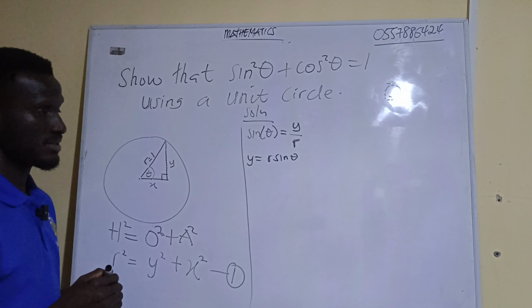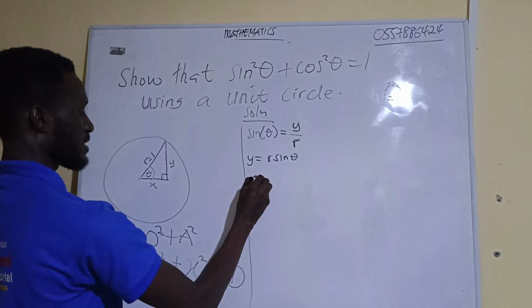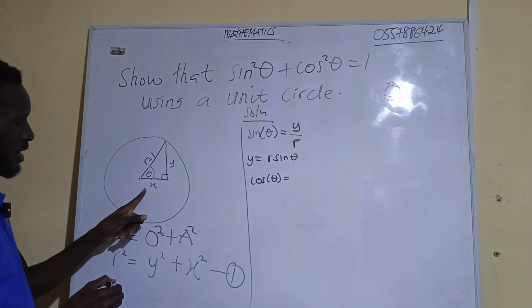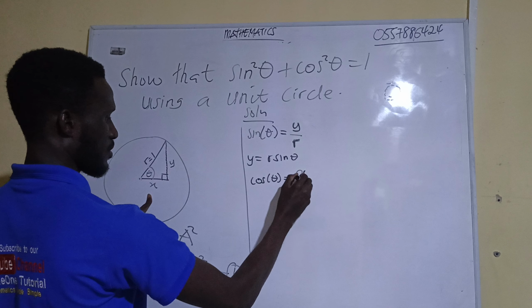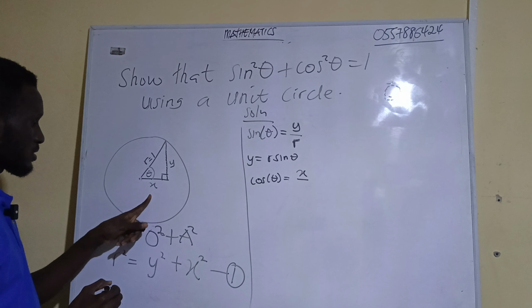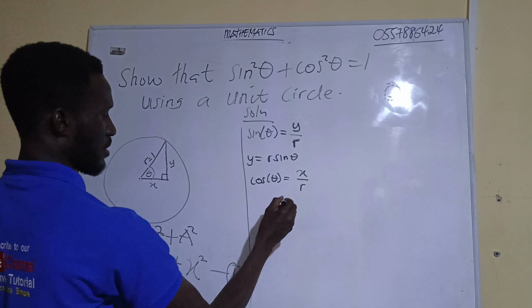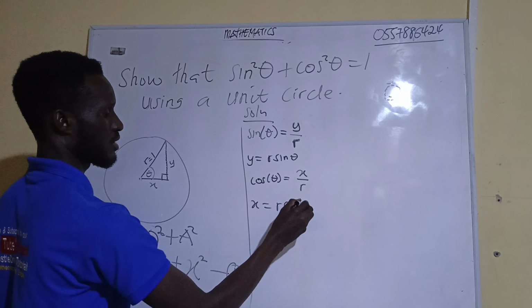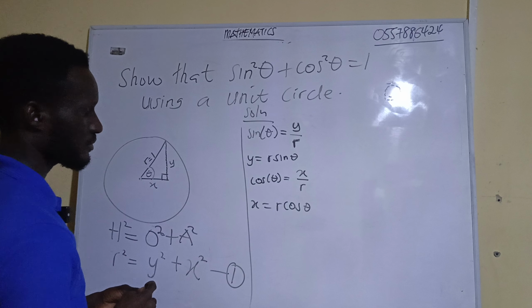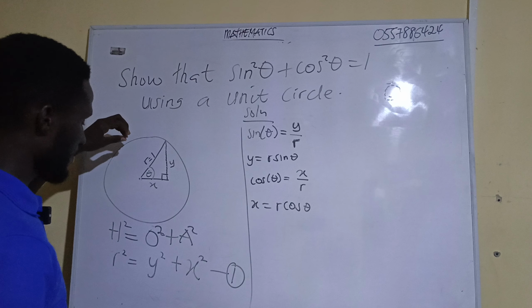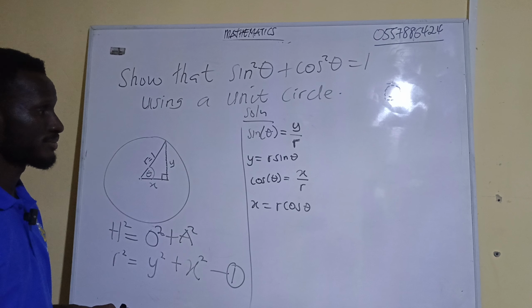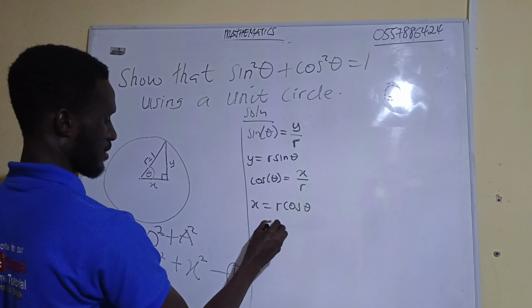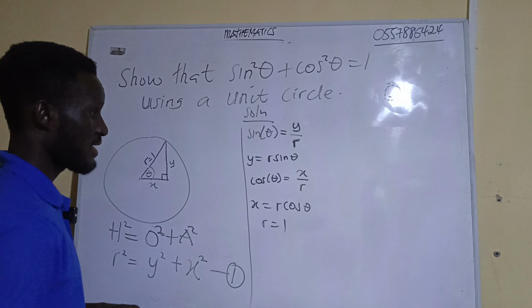Now, let's solve for x. Let us use cos theta. Cos is adjacent x over hypotenuse r. Multiply this one by r, and it means x is equal to r cos theta. Now, don't forget that r is equal to 1.